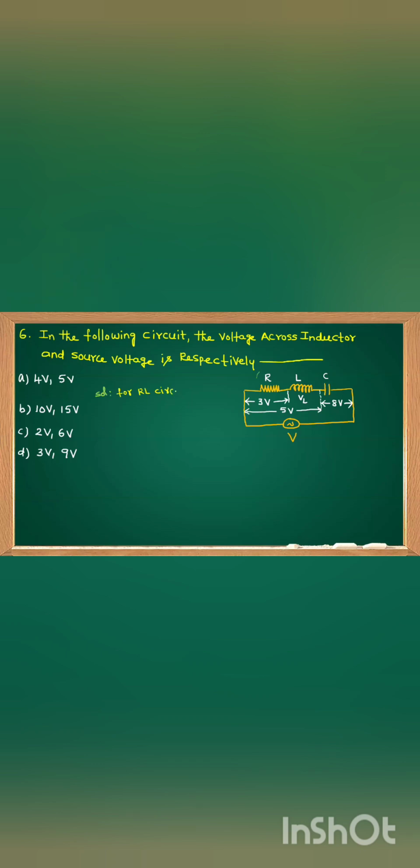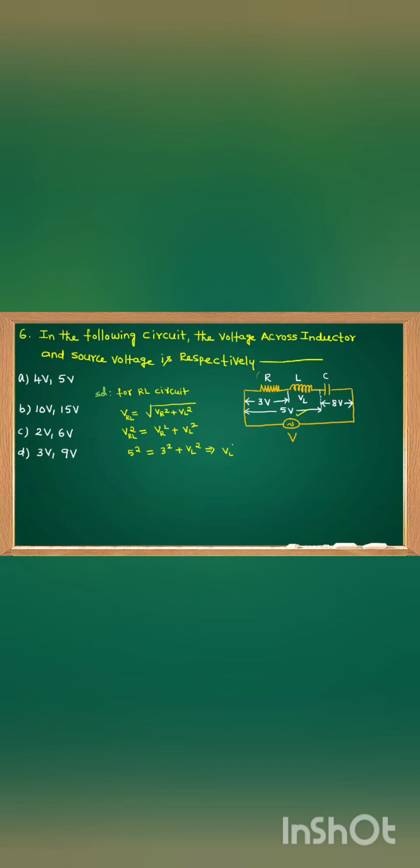V equals square root of VR square plus VL square. Then V square equals VR square plus VL square. But what is the VRL? It is given as 5 volts, 5 square. What is VR square? 3 square plus VL square.